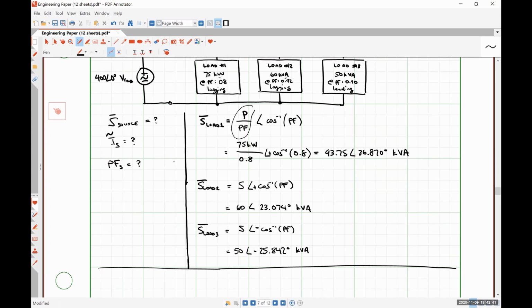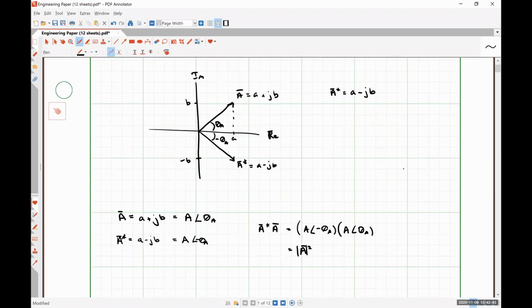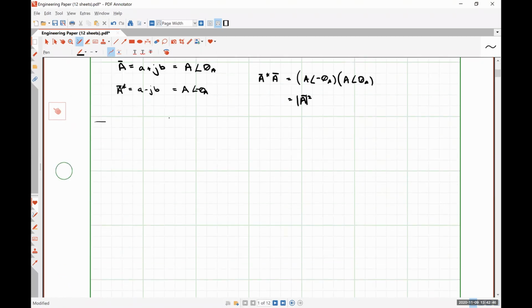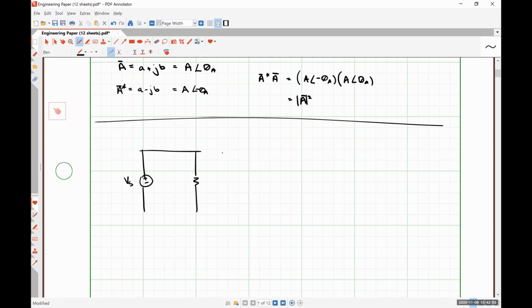So let's say that I have the following system. Let's be specific here, okay? 10-volt source.